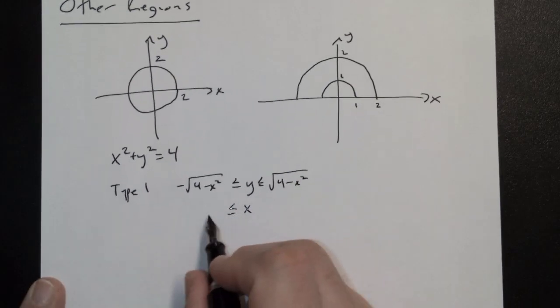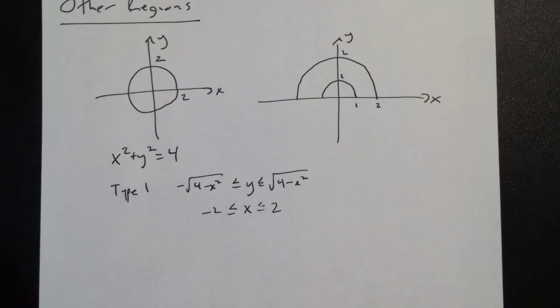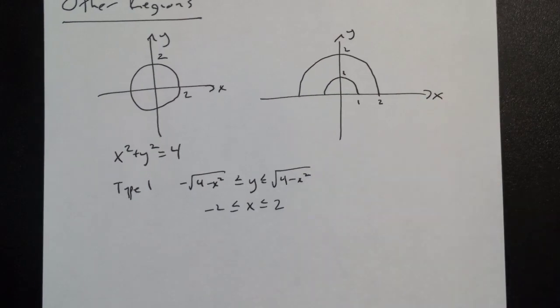And then x would go from -2 to 2. And that's just disgusting. Because when I integrate with respect to y, I'm going to have to plug those things in for y. Blech.